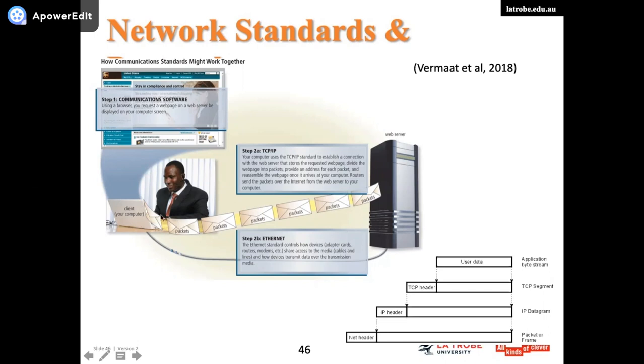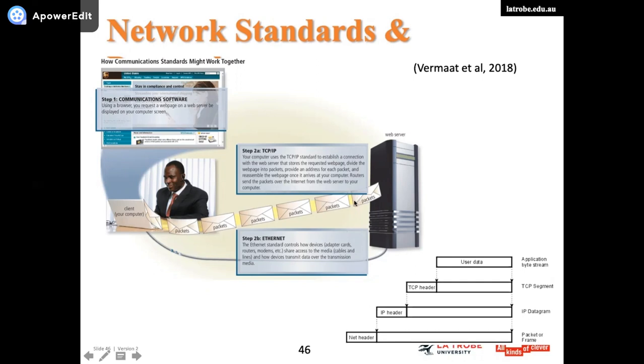And for each package, we give the source address and the destination address, in order to let the different packages arrive at your own computer. Then after all these packages arrive at your computer, you reassemble them to reform the normal web page.